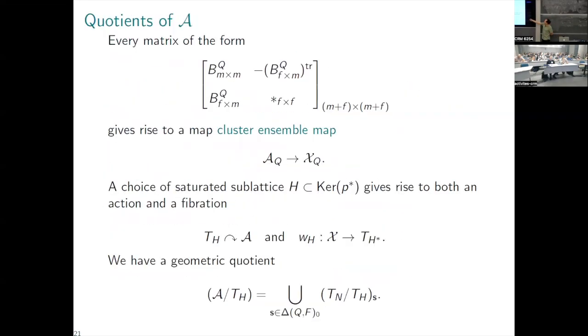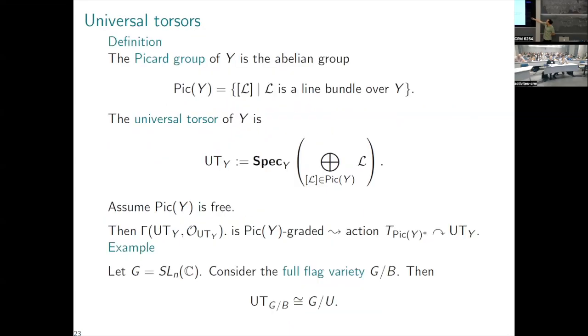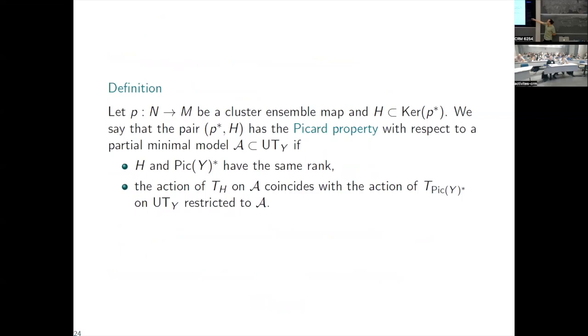So the main definition for my theorem: I will say that a cluster ensemble P to M, so this matrix you should think of as defining a map from N to M, if I can choose a P star and an H such that these two conditions hold. So what are these conditions?